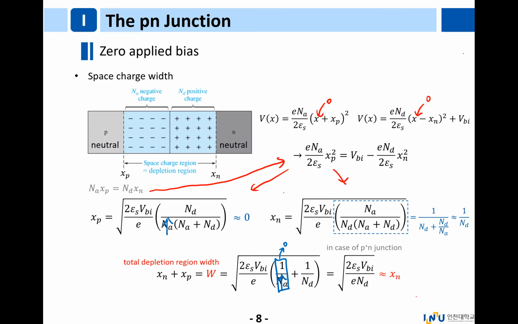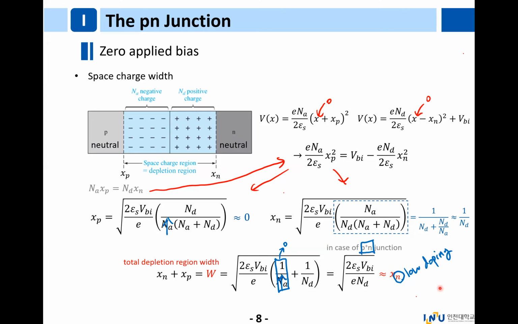Therefore, the total depletion region width is determined by the low doping concentration. Since it is a P plus N junction, the depletion region width will be determined by the low doping concentration in the N-type region.